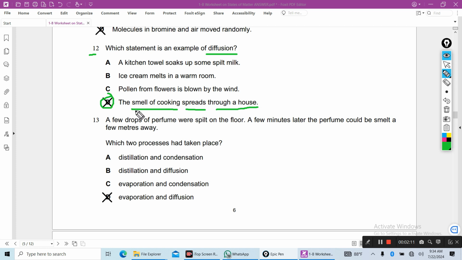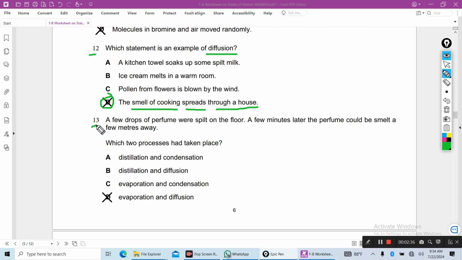That's why D is the right answer. A is wrong. A kitchen towel soaks up some spilt milk. This is wrong. Ice cream melts in a warm room. No, this is wrong. Pollen from flowers is blown by the wind. This is wrong. So D is the correct answer.